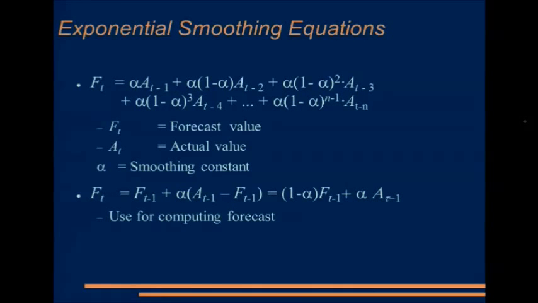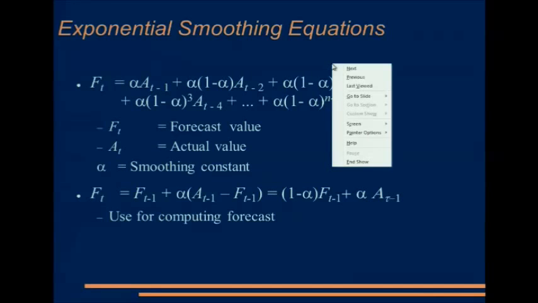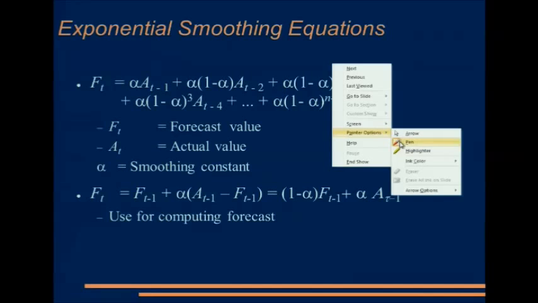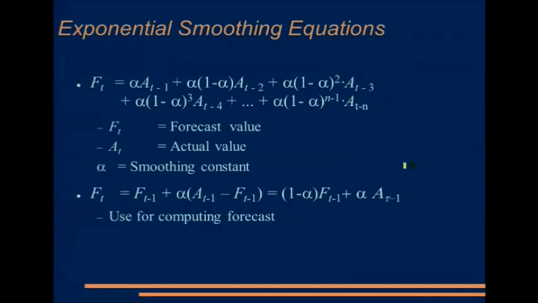The other approach is exponential smoothing. What I do is I take my old forecast and multiply that by 1 minus alpha. I think it's easier to see with an example.